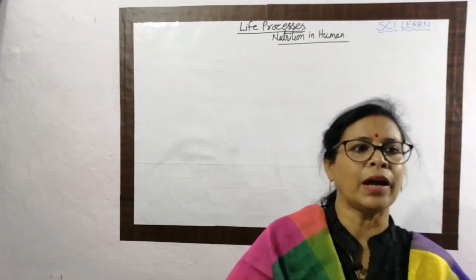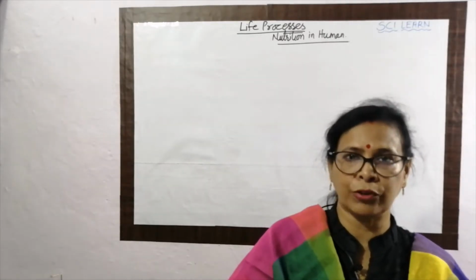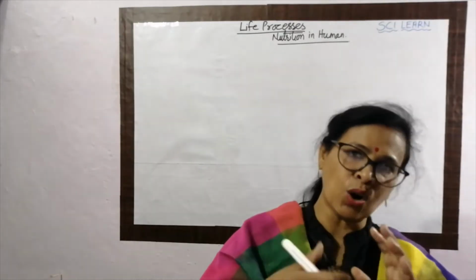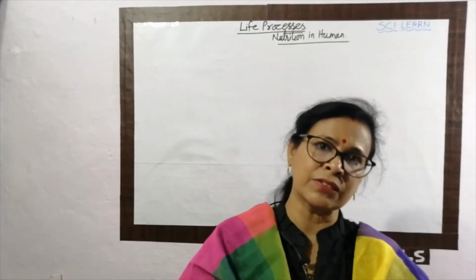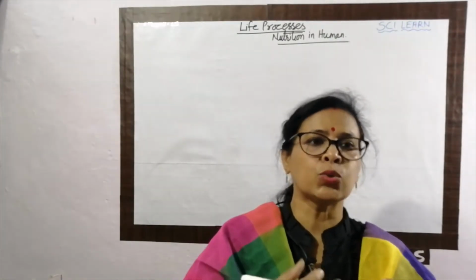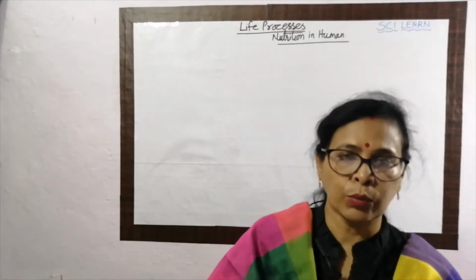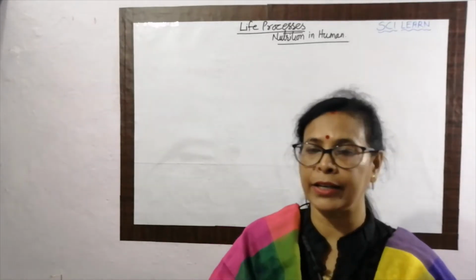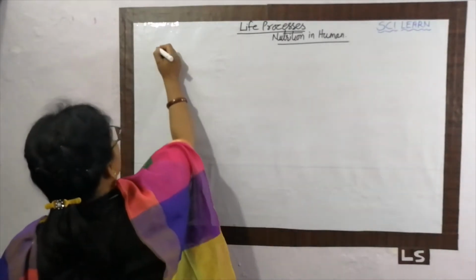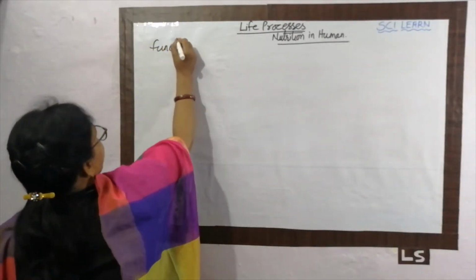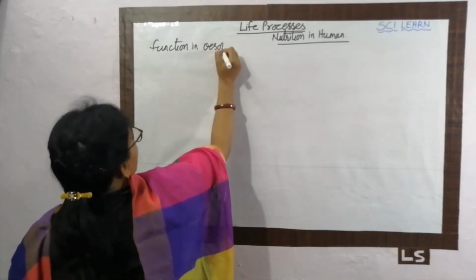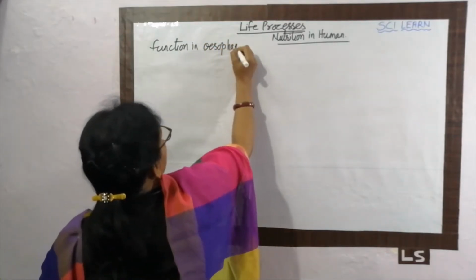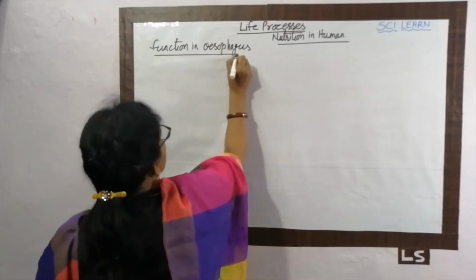Okay, what happens after the mouth? The semi-digested food, with the saliva mixed in by the tongue, is swallowed down into the oesophagus. So what function is performed inside the oesophagus? Now what is the oesophagus? You know very well, it is the food pipe.